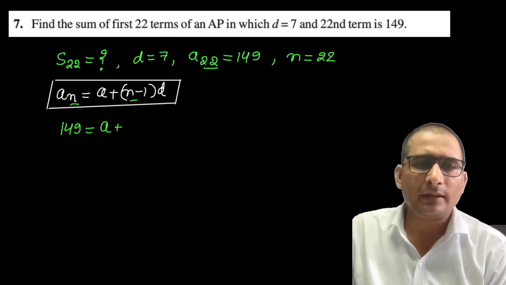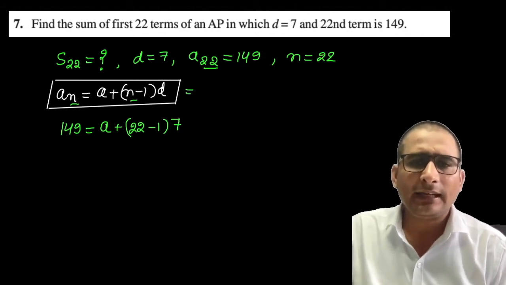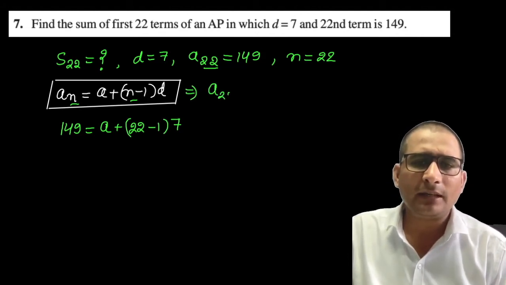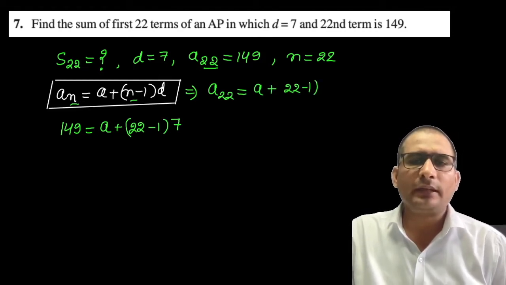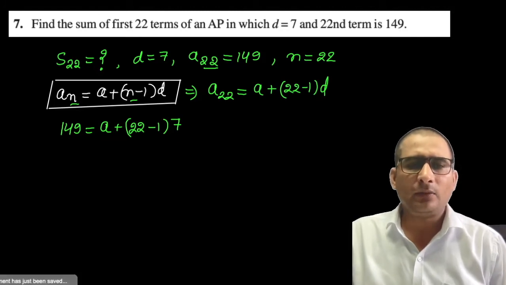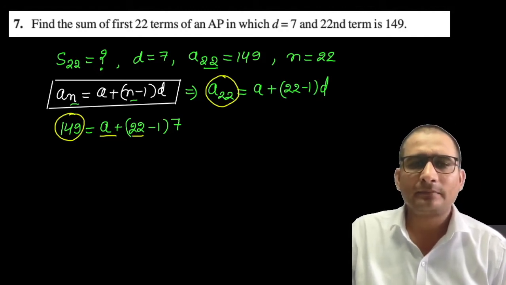So it's N is 22 minus 1 and D is given 7. तो क्या हुआ यहाँ पे बेसिकली N की जगह पे मैंने 22 रख लिया, तो it become A22 is equal to A plus 22 minus 1 into D. Right? फिर मैंने A22 की वैल्यू पुट कर दी है यहाँ पे 149 and all that things same.